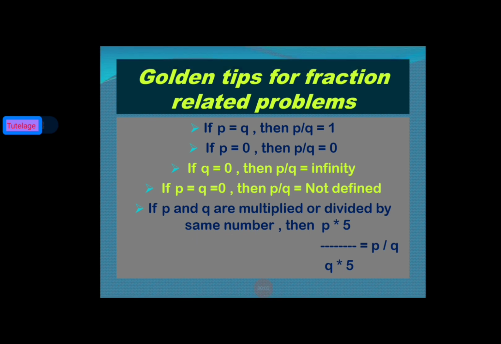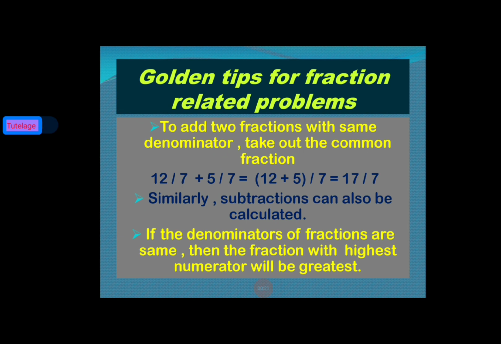So I think this is clear. When p and q are multiplied or divided by the same number, then the new fraction will be the previous fraction, obviously. Okay. So now going to the next slide.